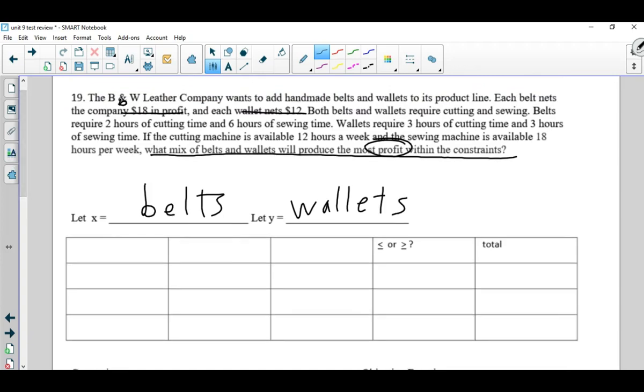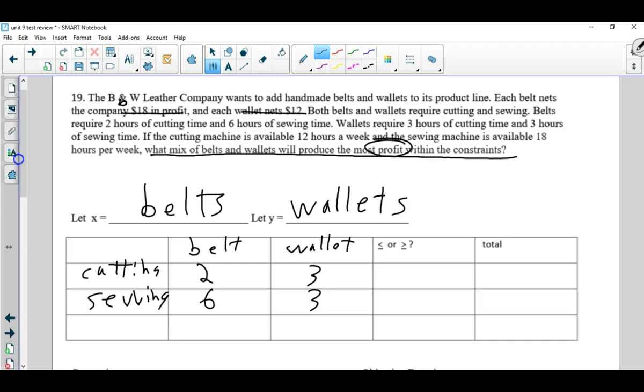Now, both belts and wallets require cutting and sewing. So there's our categories. Belts, wallets. We need cutting and sewing. It says belts require 2 hours of cutting time and 6 hours of sewing, and wallets require 3 of each.